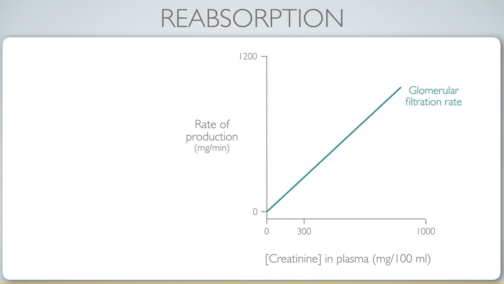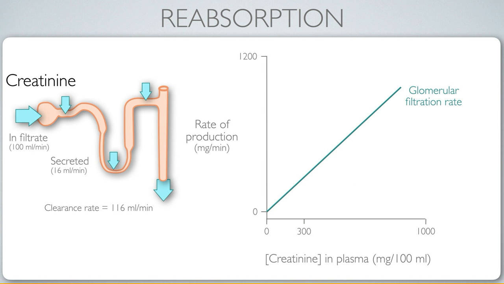So one of these natural toxins is creatinine, which is produced as a byproduct of protein metabolism. And what we see here is that there's no reabsorption. It's filtered in a similar way as glucose. So we have the same rate of filtration occurring there.